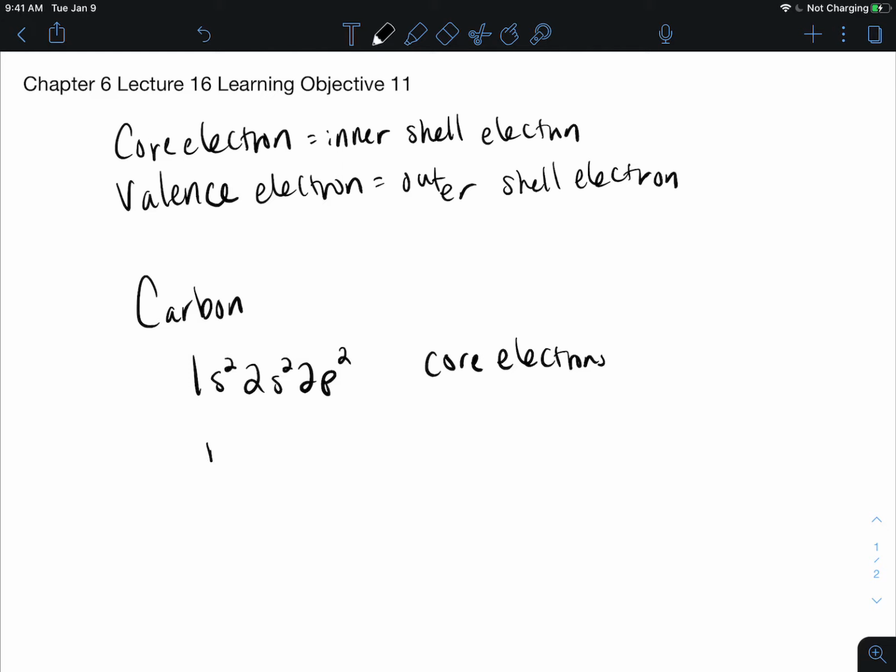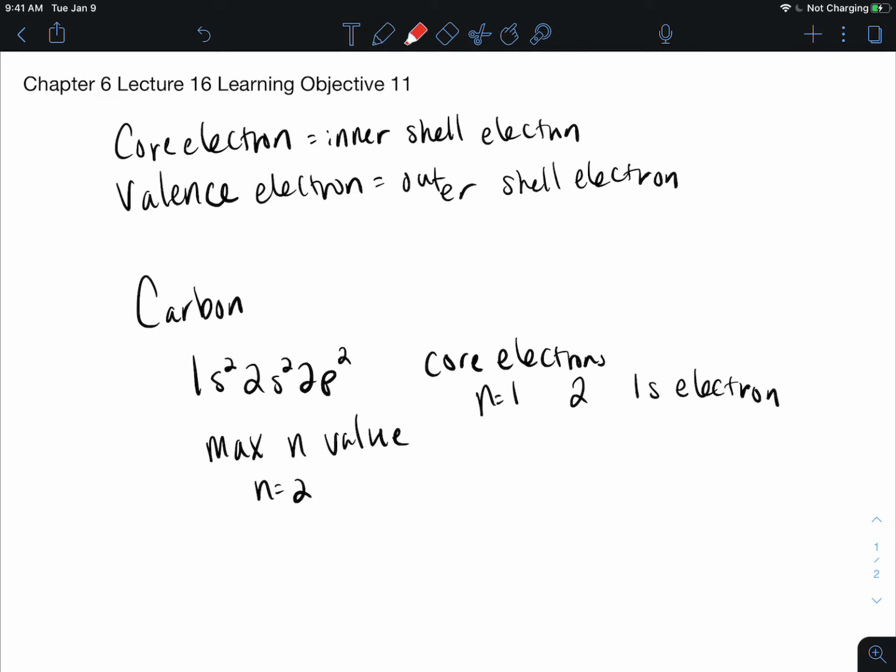We see that our max n value in the case of carbon is n equals 2. So our core electrons are going to be n equals 1. So they're going to be our 2 1s electrons.